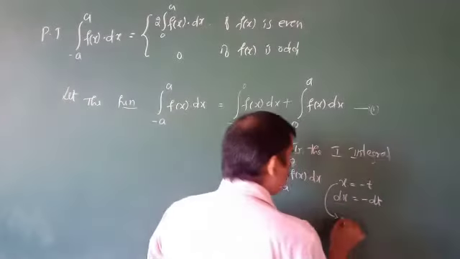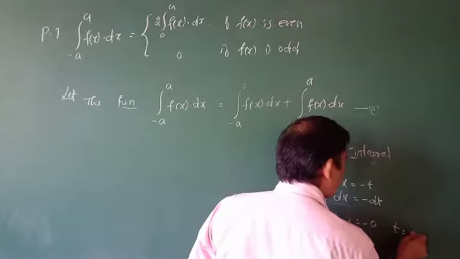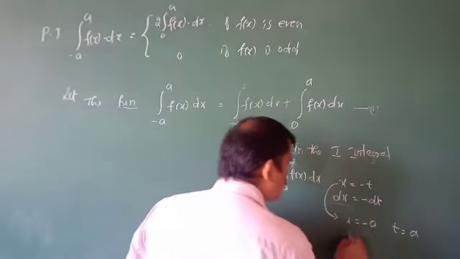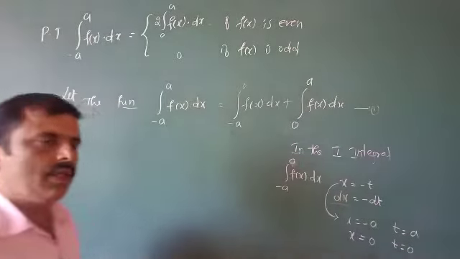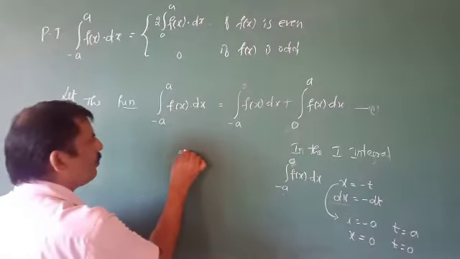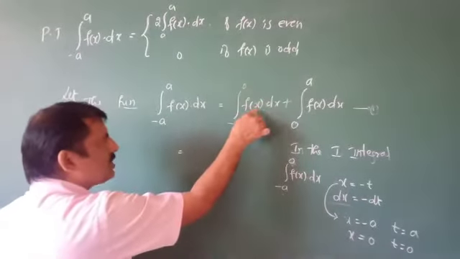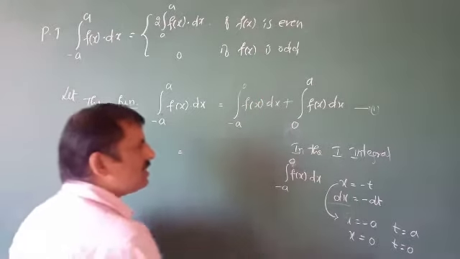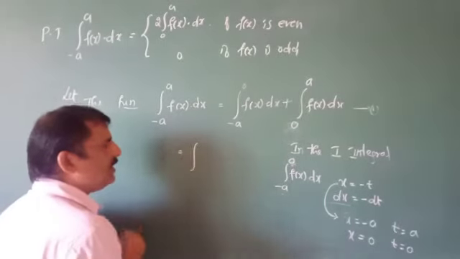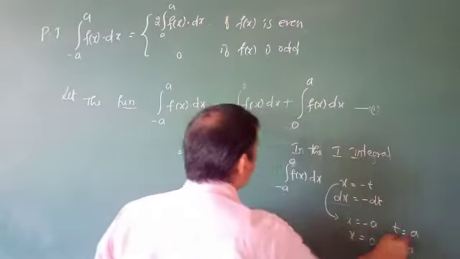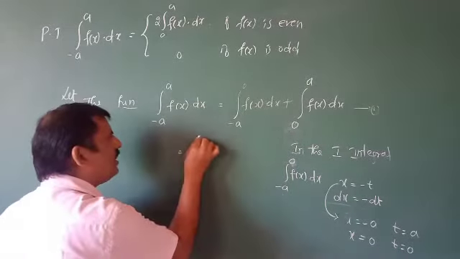When x is equal to minus a, t is equal to a. When x is equal to 0, t is equal to 0. We are taking only the first integral, with x replaced by minus t.